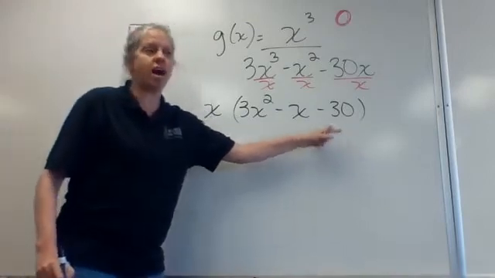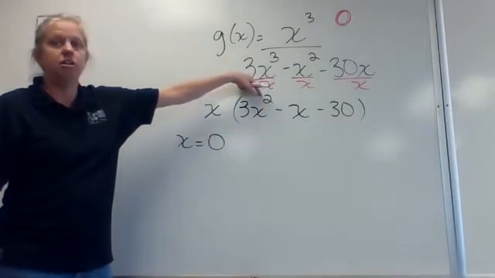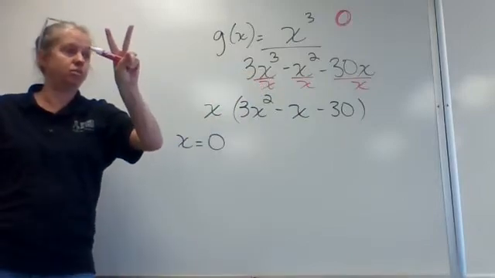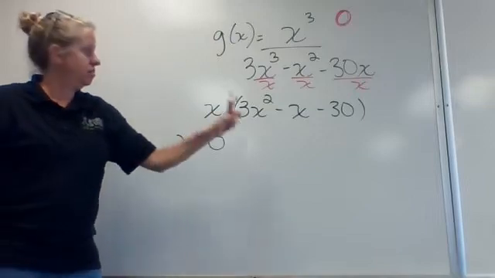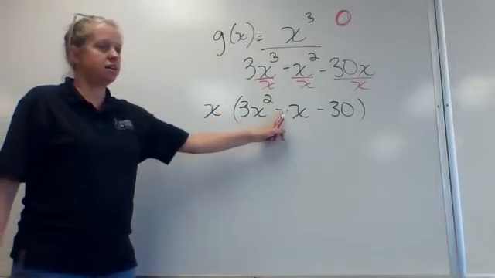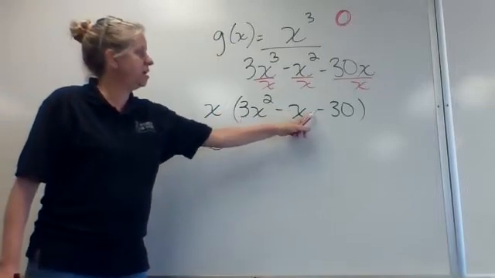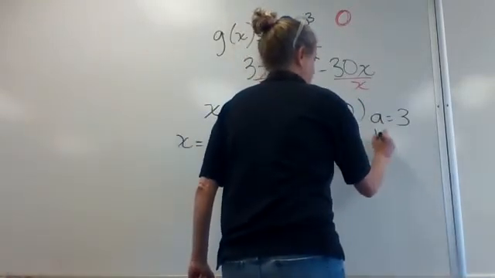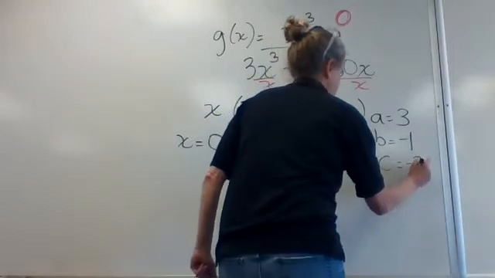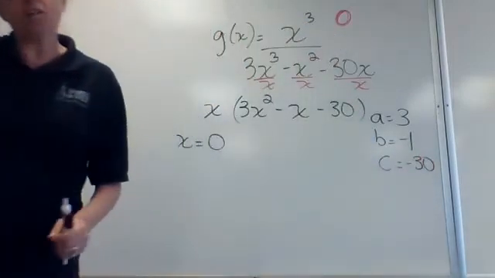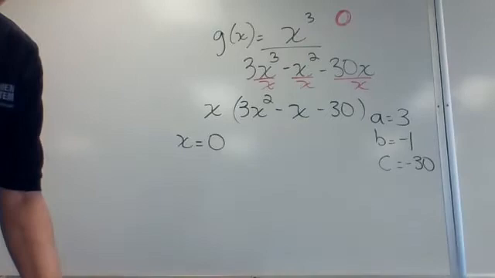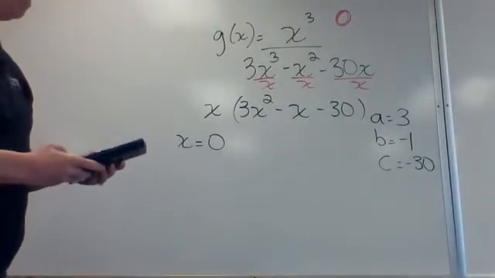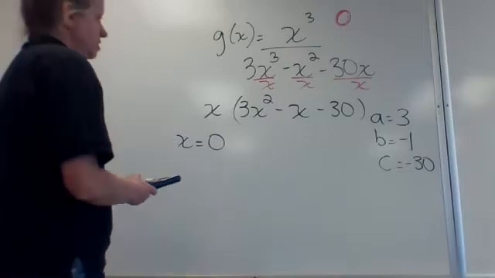Now that I do have it down, I can go to my quad program to find the other 2, with A being 3, B being -1, C being -30. So let's put that in quad and see what we come up with for our other 2 zeros.